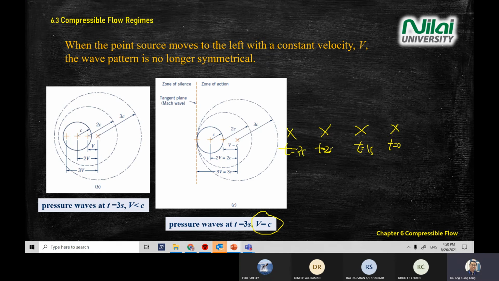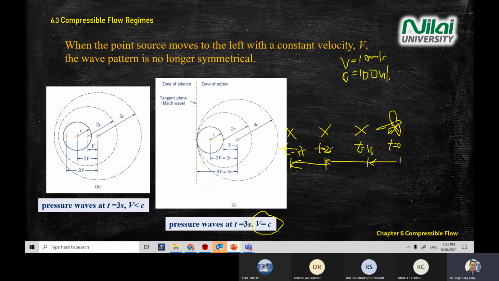Let's say I use 3 seconds to move, meaning the yellow is you running to the left. You're running to the left and complete the race in 3 seconds. Your velocity V is, let's say, 100 meters per second, and the speed of sound at that particular location is 100 meters per second.